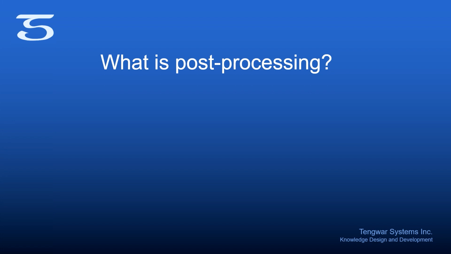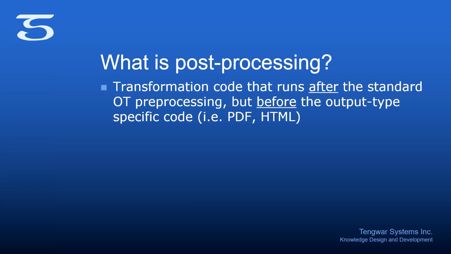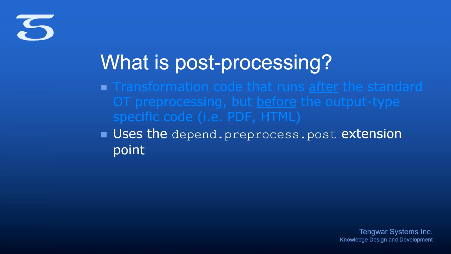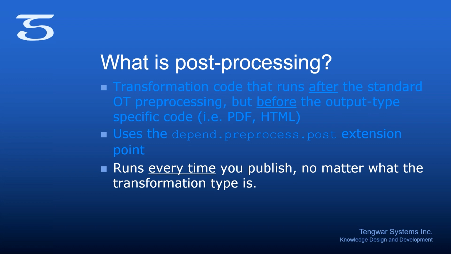So let's go into this a little more. As I explained, this is transformation code that runs after the standard OT preprocessing, but before the output type specific code, so before the actual PDF or HTML transformations run. It uses the OT specific extension point for this, depend.preprocess.post, and it runs every time you publish, no matter what the transformation type is.